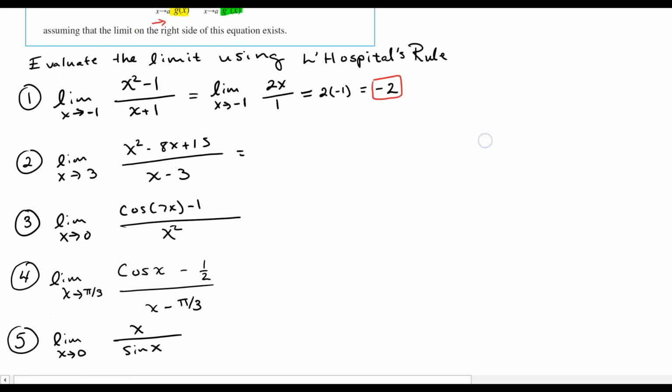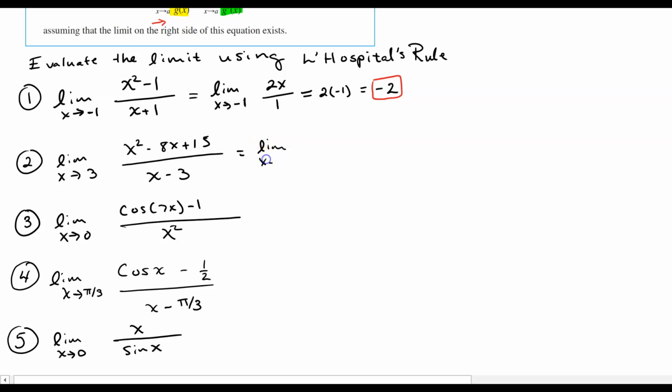So let's take a look at a couple more examples. The next one is the limit as x approaches 3 of x squared minus 8x plus 15 over x minus 3. Again, plugging in the 3 in the denominator yields an indeterminate form. It's also 0 in the numerator, just for the record.